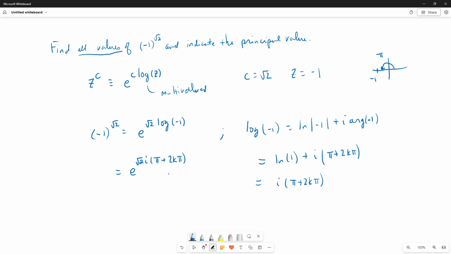Then the principal value, let's see, the principal argument of the number -1, the principal argument is pi.